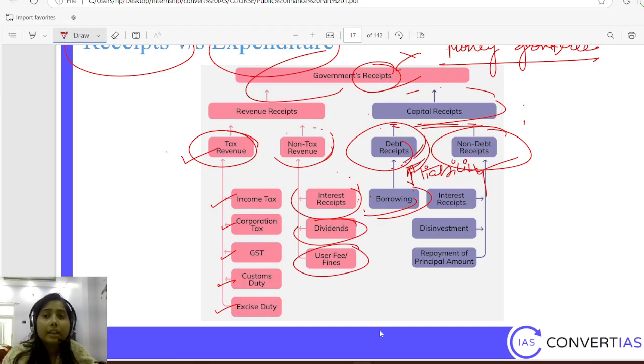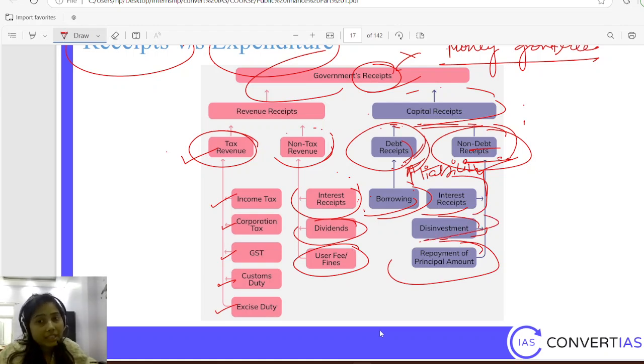Then non-debt receipt, like it is reducing asset: interest receipt, disinvestment, repayment of principal amount. See, disinvestment: when the government is disinvesting, that means they are reducing their ownership in a government company and privatizing it or diluting its shareholding in that public company.